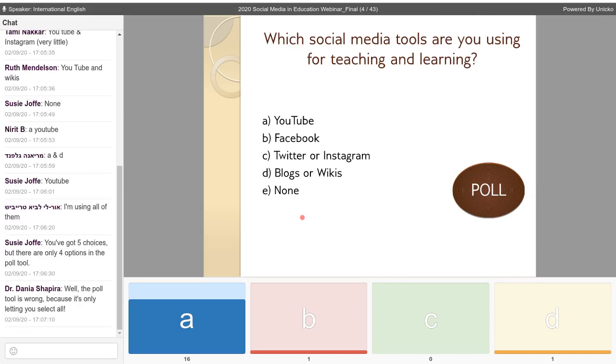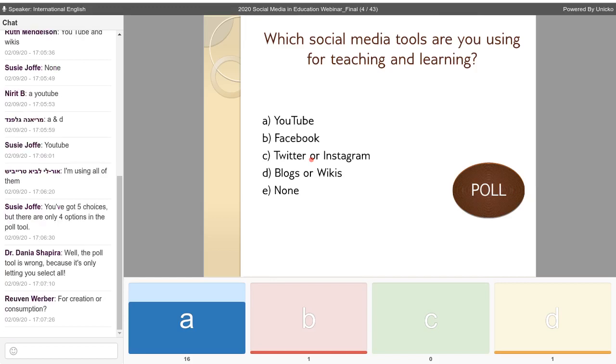All right. Arya and I are now going to open the microphone of the one person who selected B, Facebook, as the social media tool that he or she is using for teaching and learning. If you're using Facebook for teaching and learning, we will open your microphone.